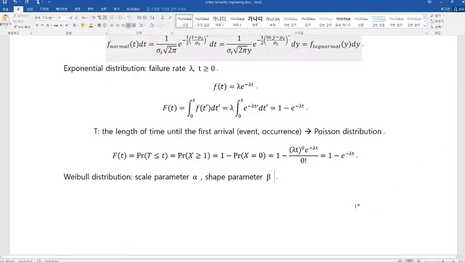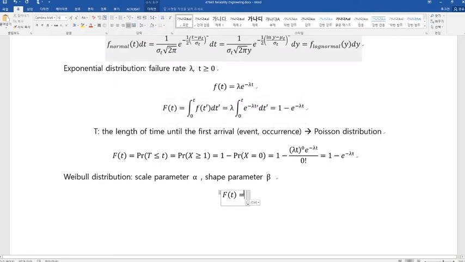You should keep in mind that the CDF of exponential distribution is given as 1 minus exponential minus lambda t.